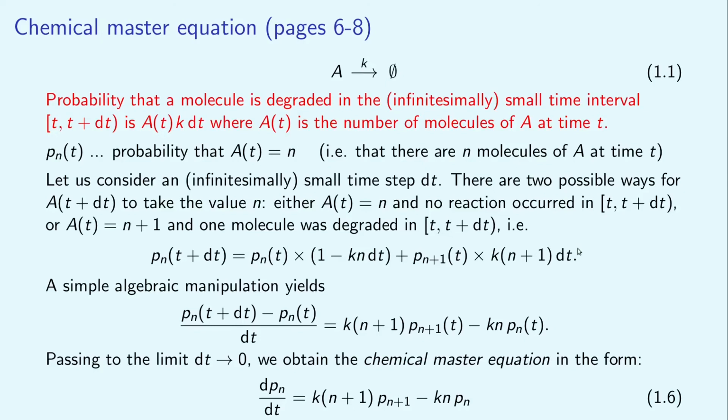If we included such terms in this equation, then they would all converge to 0 in the limit dt goes to 0. That is, they will not influence the derived chemical master equation, which we obtained in the limit dt goes to 0. In particular, the chemical master equation describes the SSA exactly, without making any approximations.